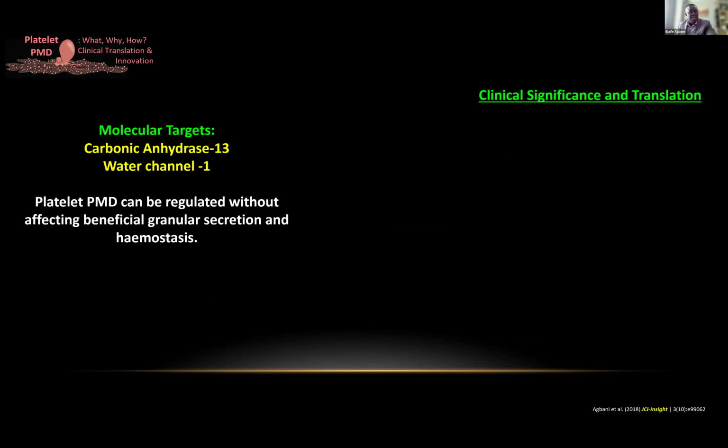We looked closely at the molecular targets carbonic anhydrase 1 and water channel aquaporin 1, alpha-1. The interesting thing about these targets is that when you inhibit or block them, they can regulate platelet PMD in vitro, and in vivo they block thrombosis, but they don't affect granule secretion. This is significant.